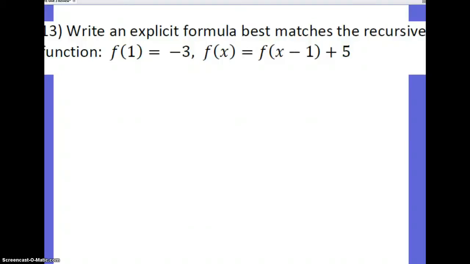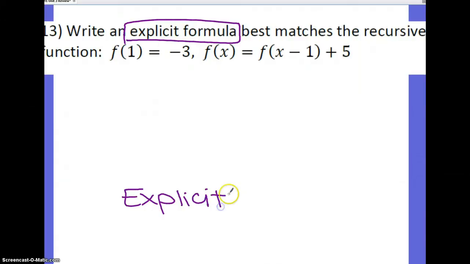We know that, so we want explicit, and in this case on the test, your explicit form is going to want the 0 term, and you'll notice this by the multiple choice answers that are given to you. You'll realize that you want the 0 number.